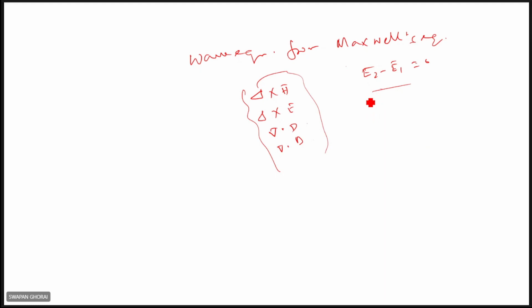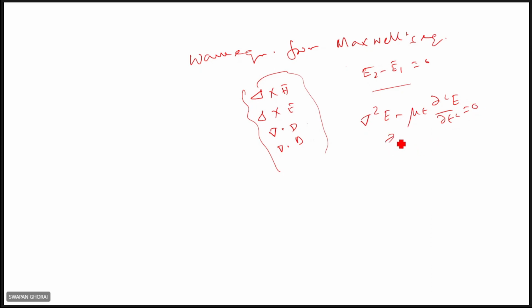The wave equation is del squared E minus mu epsilon del 2 E by del t squared equal to 0. Similarly for the magnetic field also.